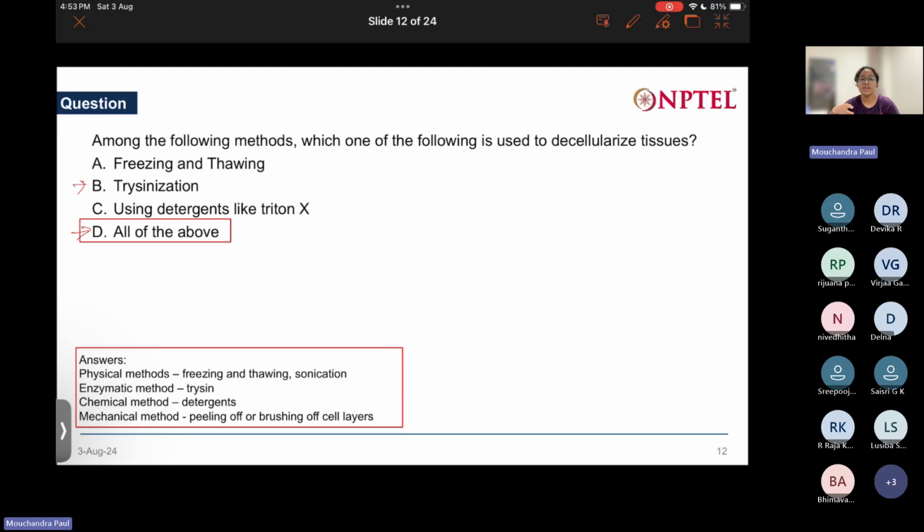Generally, in our lab, we have decellularized plant tissues, like leaves, and used them to culture cells. Since plant cells have a cell wall as well, they are much stiffer, so we have used Triton X in our approach. But for other types of substrates, like animal origin, I would go with trypsinization.